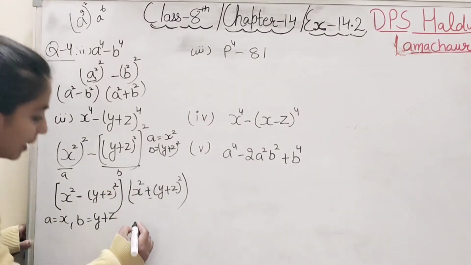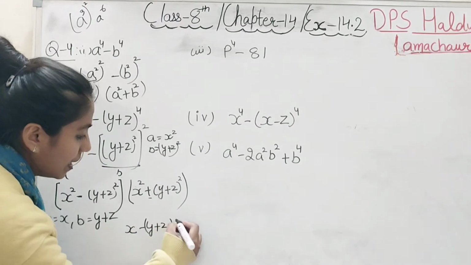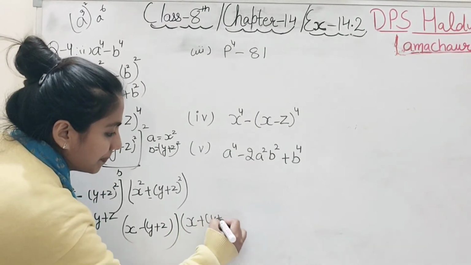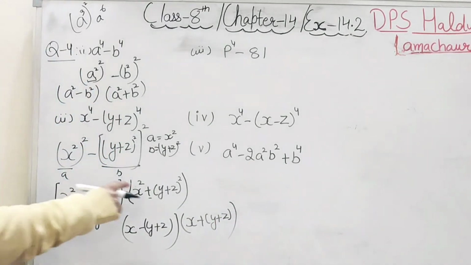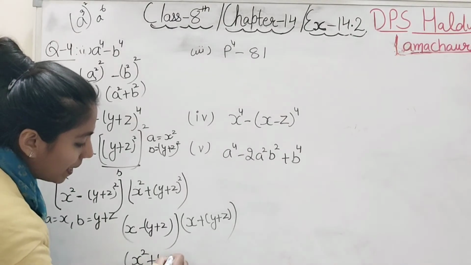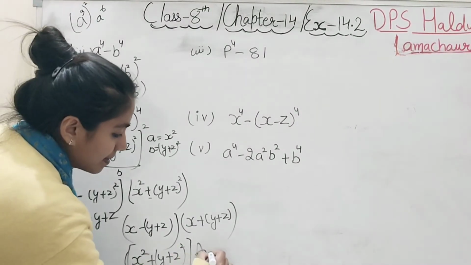So again we will write down a minus b and a plus b. And this term will remain as it is only, that is x square plus y plus z whole square. That's it, student. This is the answer.